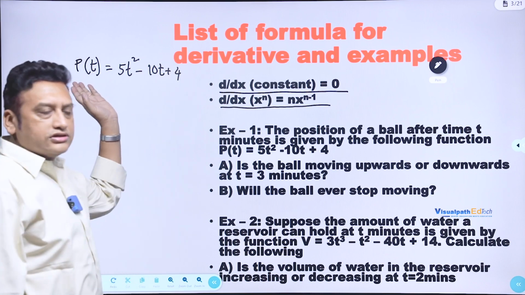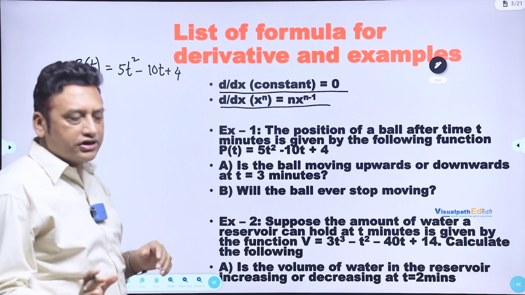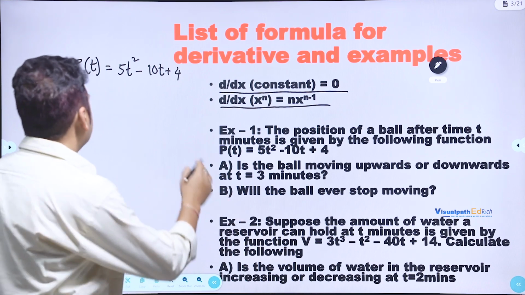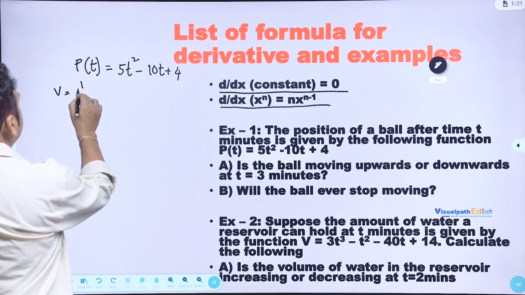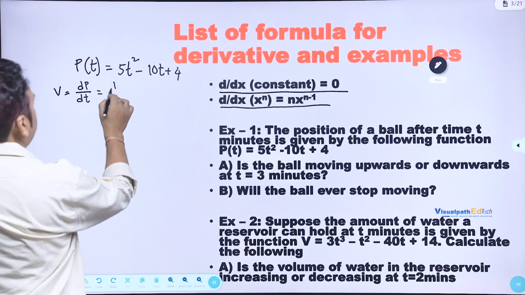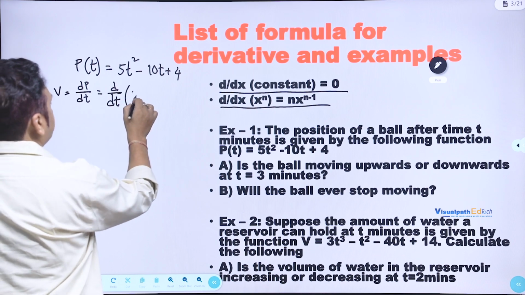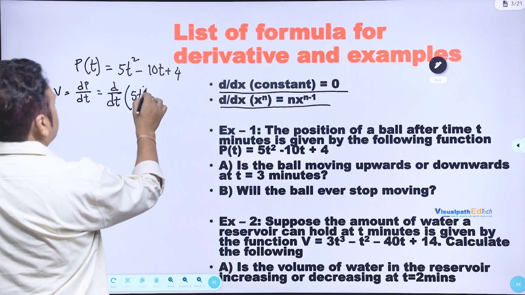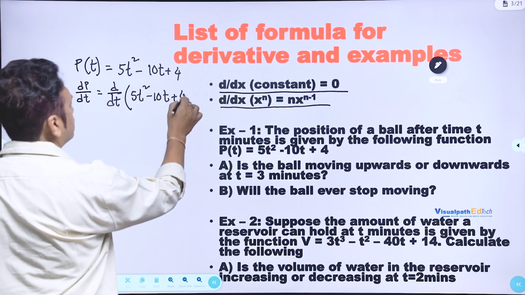So this is the expression which indicates position of the body. Now we have to find out the velocity. So the velocity v will be equal to dp/dt, which means we will find out the derivative of this entire expression 5t² − 10t + 4.